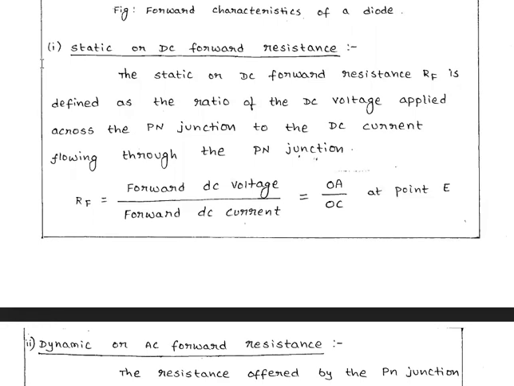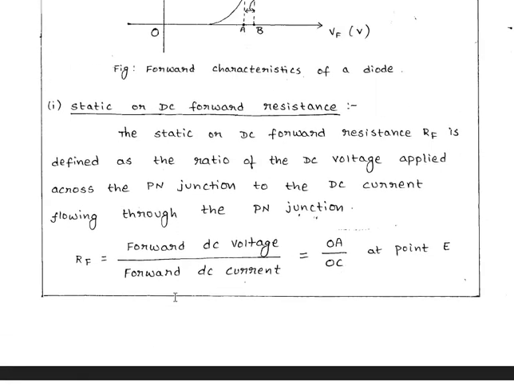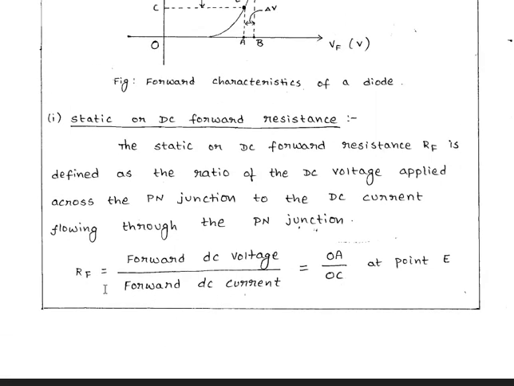Now let us see the static or DC forward resistance. For static resistance, R is equal to V by I. So RF, capital RF, is equal to forward DC voltage by forward DC current.